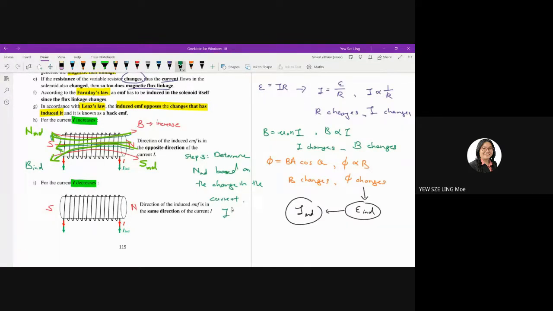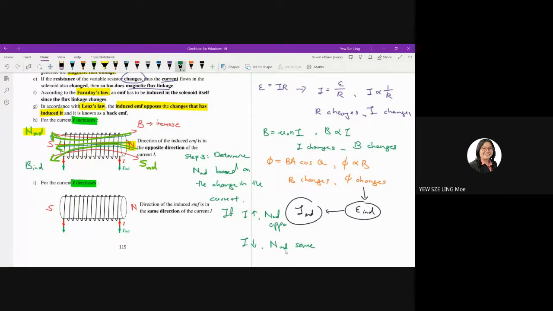So if I increase, then N induced is at the opposite position, opposite to the original N. Your original north pole is on the right hand side. So because I increases, now your N induced is at the opposite position. If your I decreases, then your N induced will be at the same position. That is your step number 3.